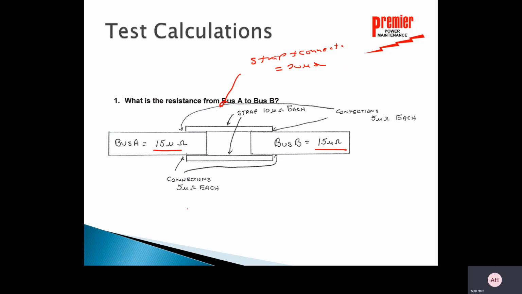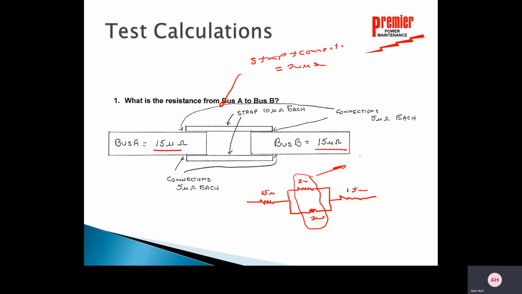So I'm going to redraw this as a circuit. Basically I have a little resistor here, then 2 parallel resistors that are my straps, and then the other resistor here. So I've got 15 microohms here, 15 microohms here, and 20 and 20. These two are a parallel circuit. What's the combination of two parallel resistors?